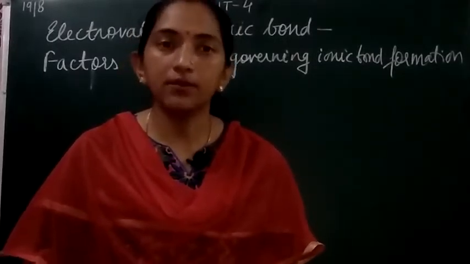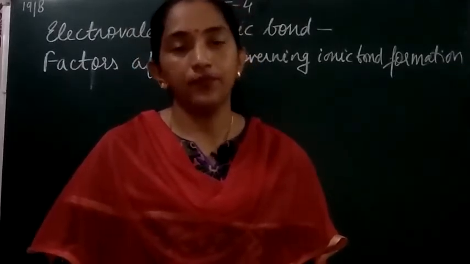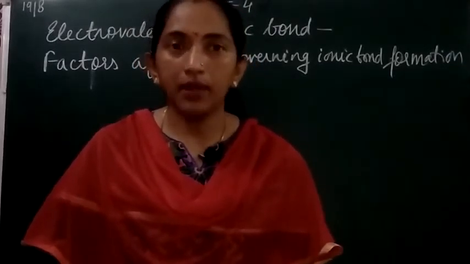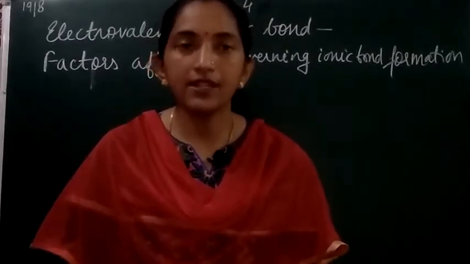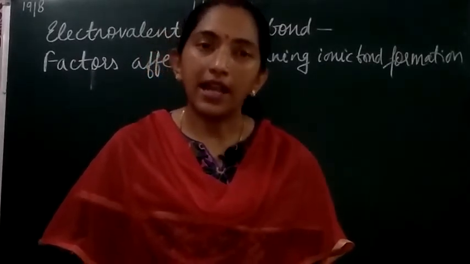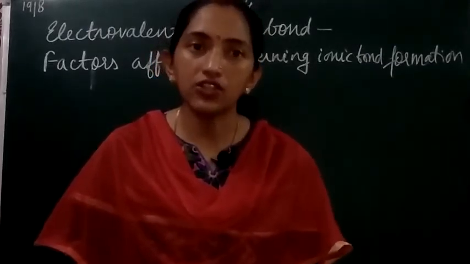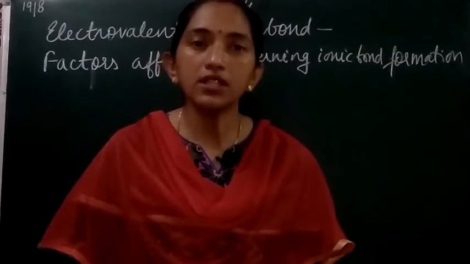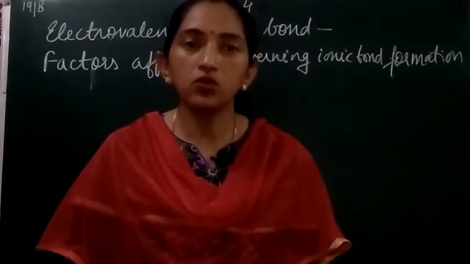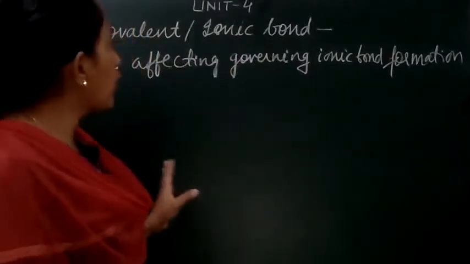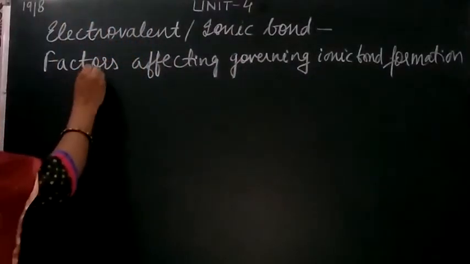And the third step, the attraction between the two oppositely charged ions to form an ionic compound, is related with the lattice enthalpy. That is new to you, but ionization enthalpy and electron gain enthalpy we have discussed in the last video. So we are going to just utilize the concept of these two here in the formation of the ionic bond.